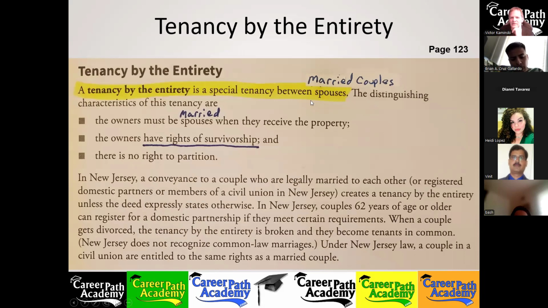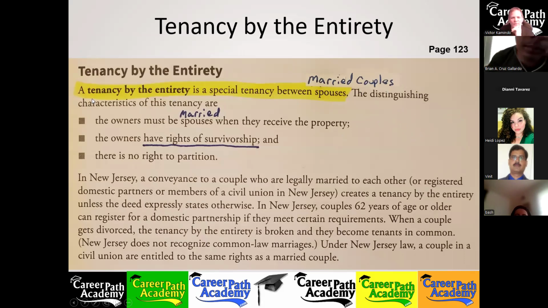He legalized gay marriage, so the state of New Jersey now recognizes that. So now it's a special tenancy between spouses. So now gay people can experience the same troubles that the rest of us do, including the divorce and all those nightmares and such.